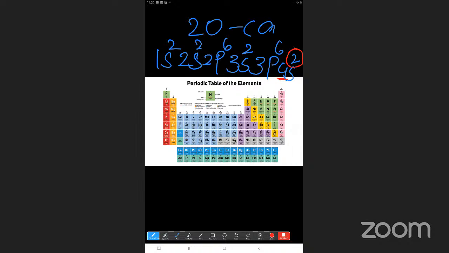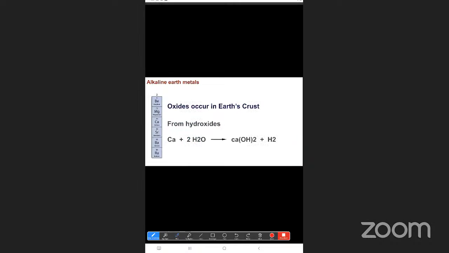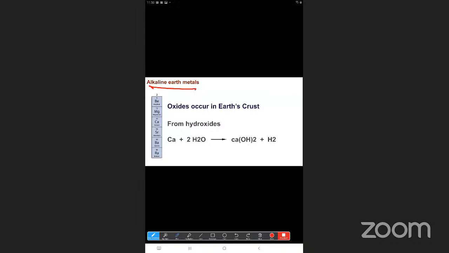So remember that in a group, the valency of the first element is similar to all the atoms in the group. So here the 2A group elements have valency 2. These metals are also called alkaline earth metals.